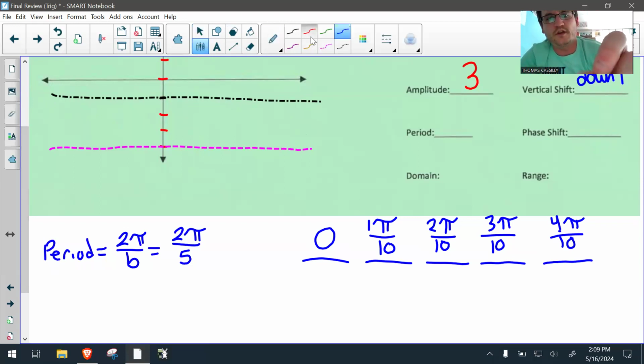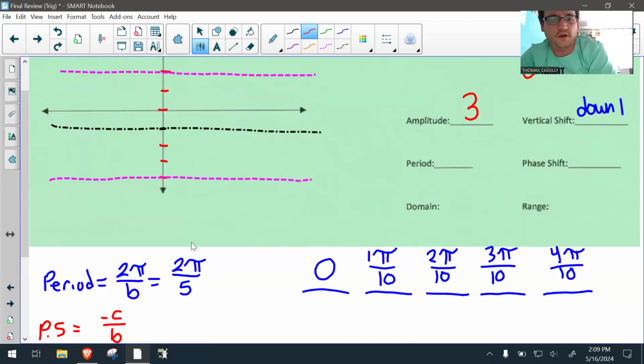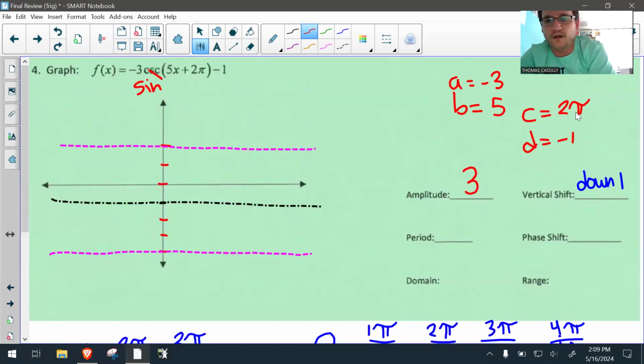But now we need to look at the phase shift. I'm going to put PS here. All right, and the phase shift is that negative C value over the B value. All right, so we know C is 2 pi and B is 5.